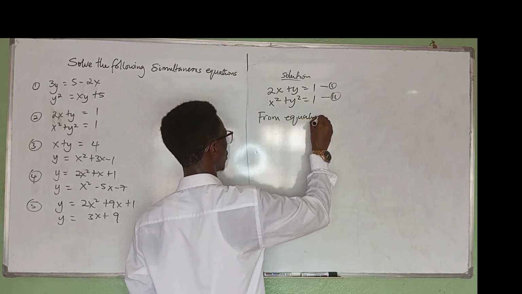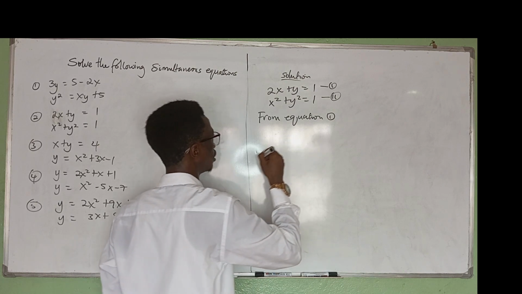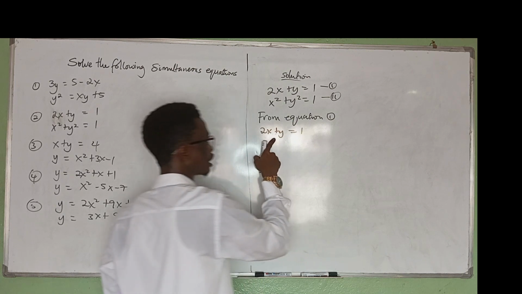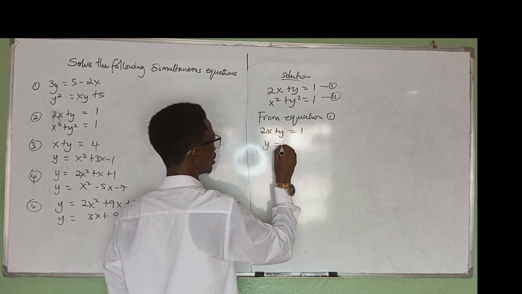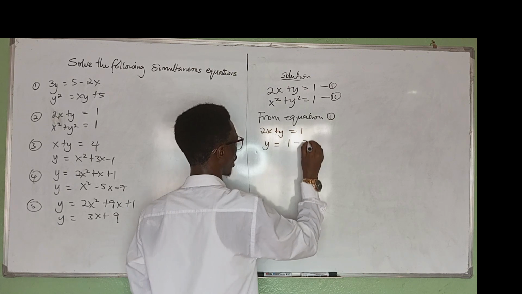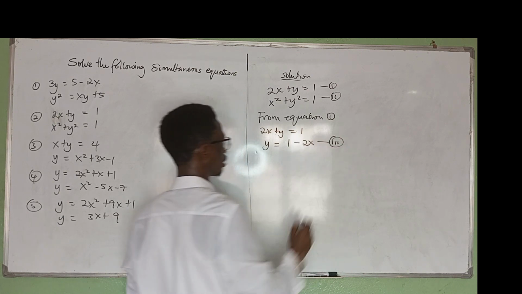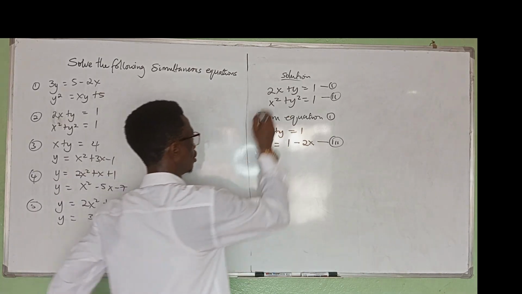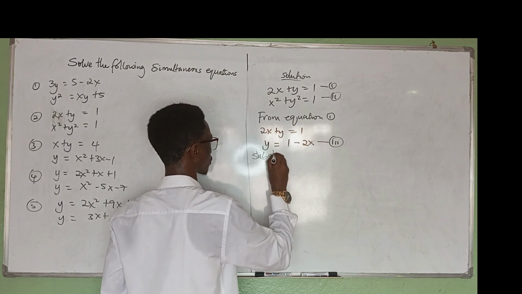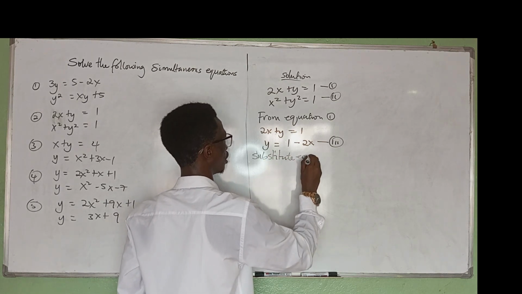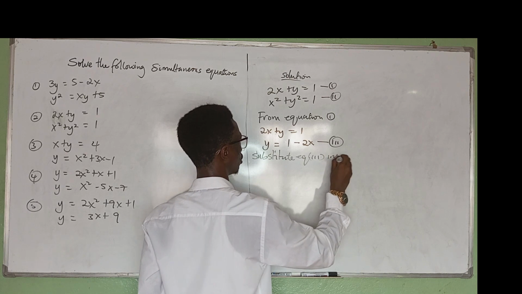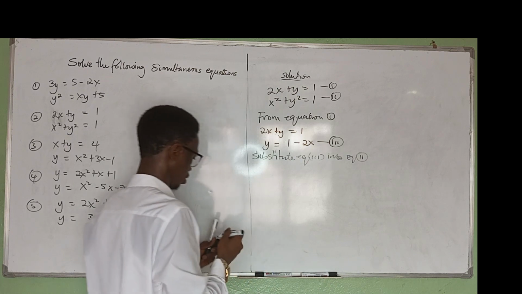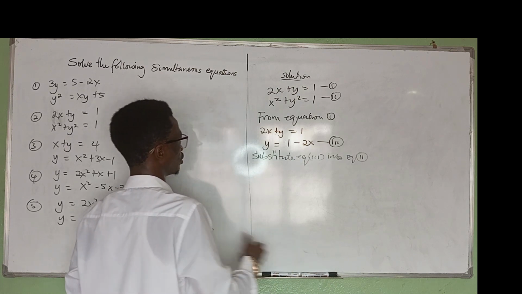So from equation 1, which says 2x plus y equals 1, let's make y the subject in this case. So y is going to be 1 minus 2x. Let's call this equation 3. Now we are going to substitute equation 3 into equation 2.